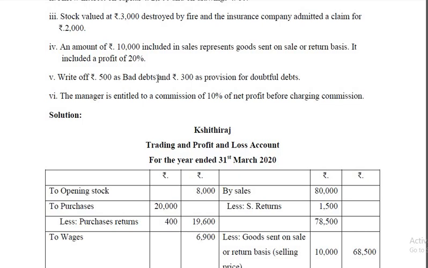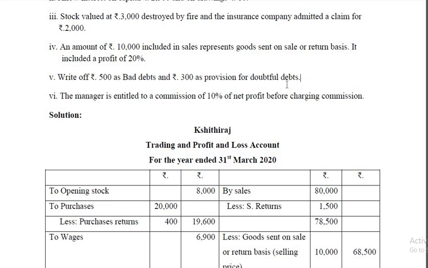If bad debts are given in the adjustment, that should be treated twice, once in the trading and profit and loss account and again in the balance sheet. In the profit and loss account, it should be debited, and in the balance sheet it should be deducted from debtors. Then rupees 300 as provision for doubtful debts. So the amount is given, you need not calculate. The formula is like this: in profit and loss account, bad debts given in the trial balance, if any, add further bad debts, add new provision for doubtful debts, in our example 300, to the total.